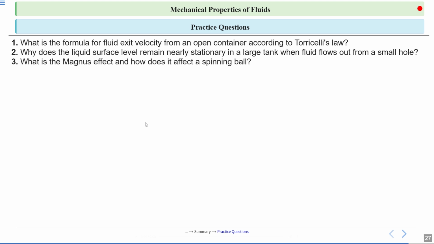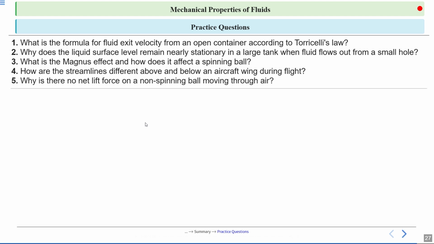What is the Magnus effect and how does it affect a spinning ball? How are the streamlines different above and below an aircraft wing during flight? Why is there no net lift force on a non-spinning ball moving through air?